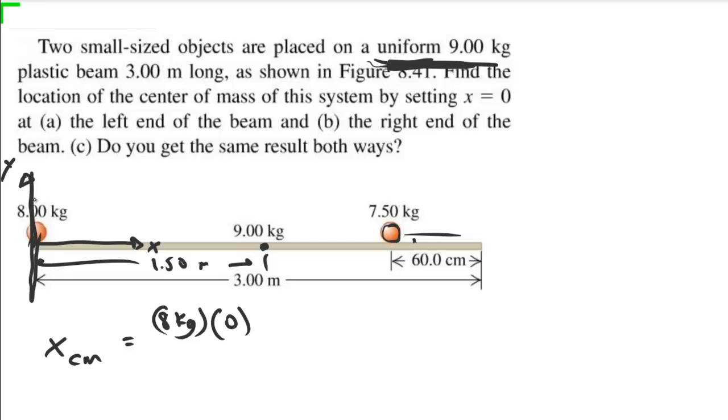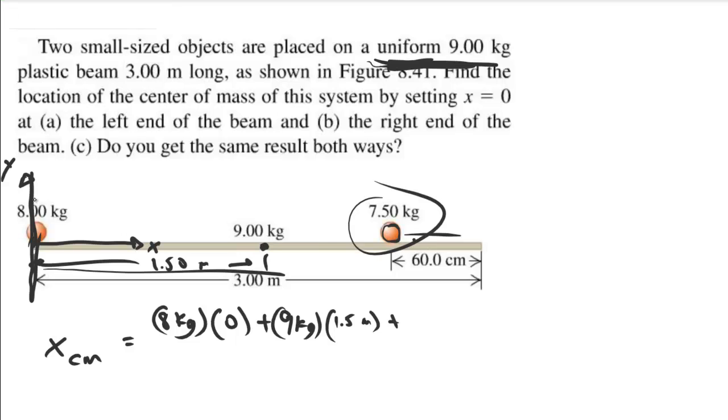Because it's right there on the y-axis, plus the 9 kilograms times the location of the center of mass of the 9 kilograms, which we said is at its geometric center, which is 1.5 meters from the left end, so 1.5 meters, plus the 7.5 kilograms times the location of its center of mass from the left. So that's going to be 3 meters minus 60 centimeters, minus 0.6 meters. So this is 2.4 meters.